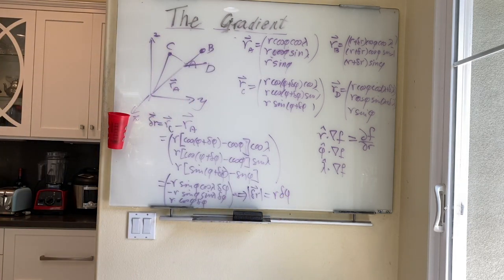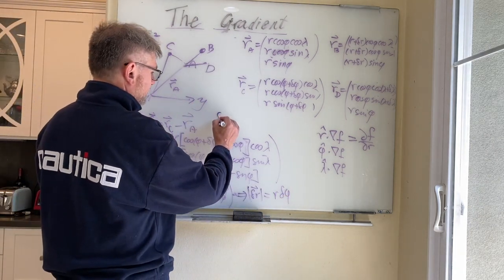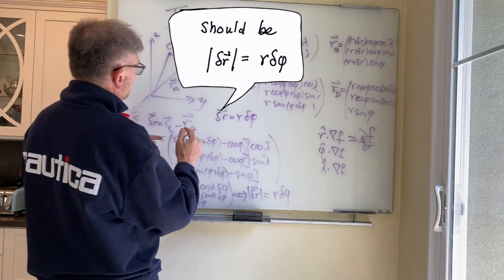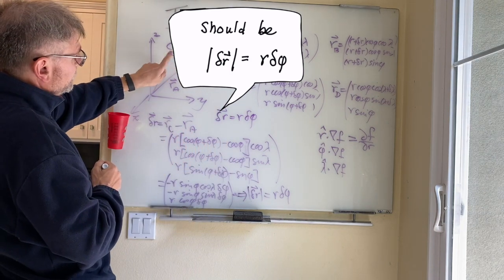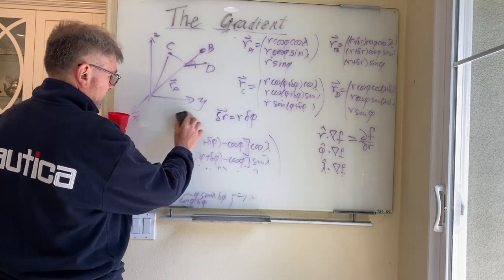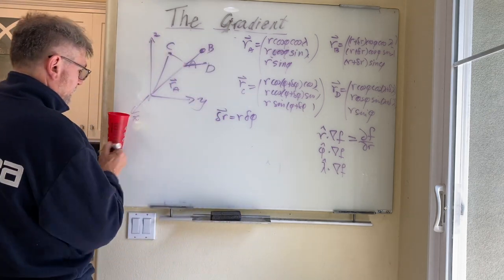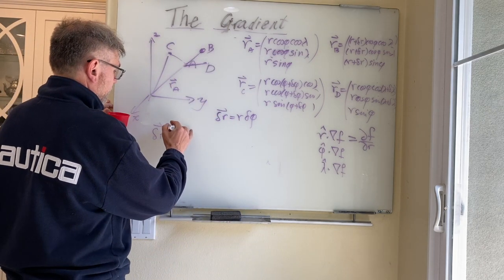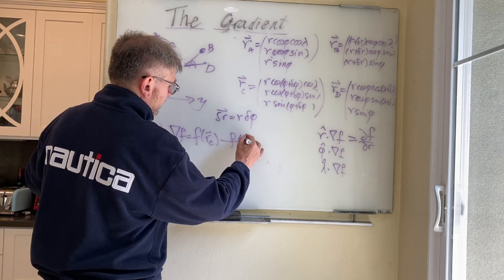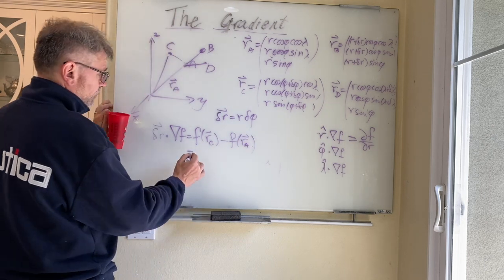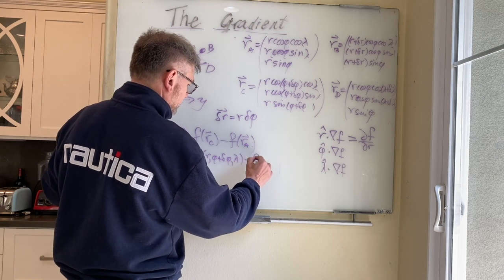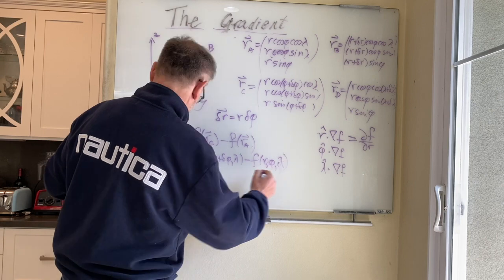So let me copy that over here to make some room. The magnitude of delta r in this case is just r delta phi. So that's the length of the vector when I move in the phi direction. Okay, then I can now do delta r dotted with grad f, which will be f at r of c minus f at r of a, which will be f at r, phi plus delta phi and lambda, minus f at r, phi, lambda.